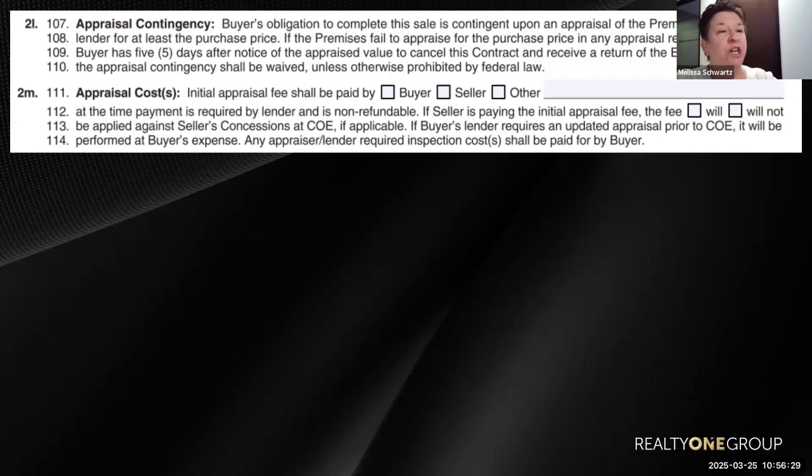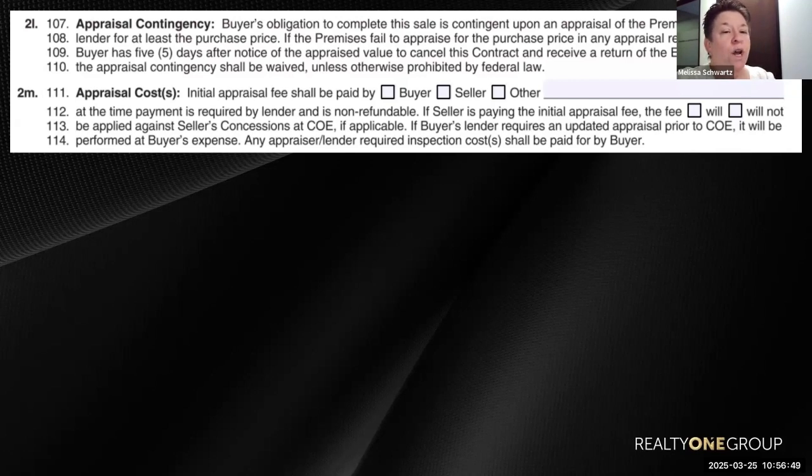As long as it's not changing the close of escrow or costing the seller additional money. Right? So if you've got a scenario where the seller's paying the closing fees and maybe it's changing that, that would be a difference, right? So, okay, appraisal contingency.